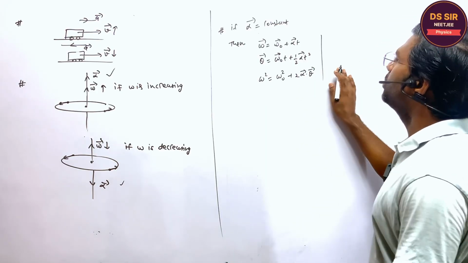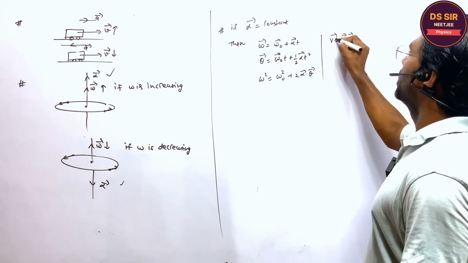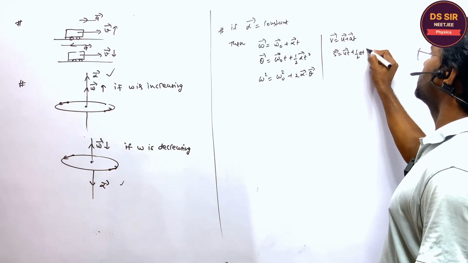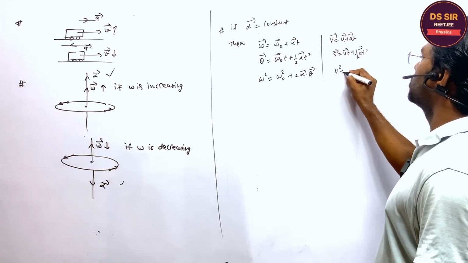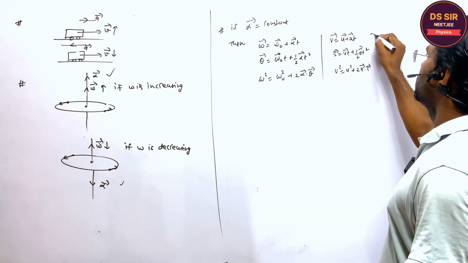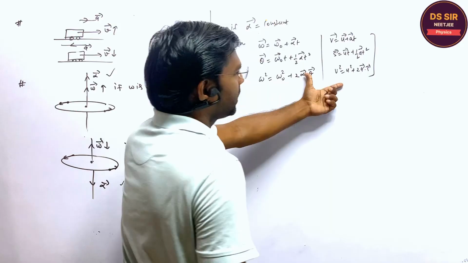Very similar to translational motion: v equals u plus at, s equals ut plus half at square, and v square equals u square plus 2a dot s. This is the dot product, similar to translational motion.